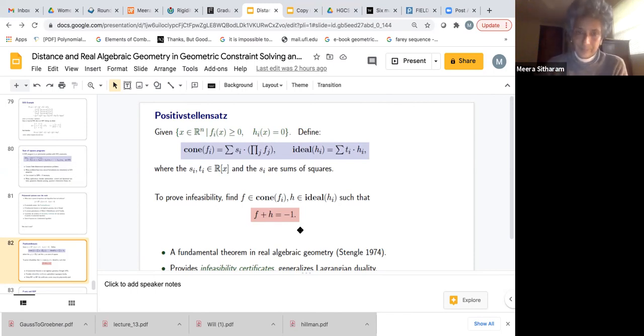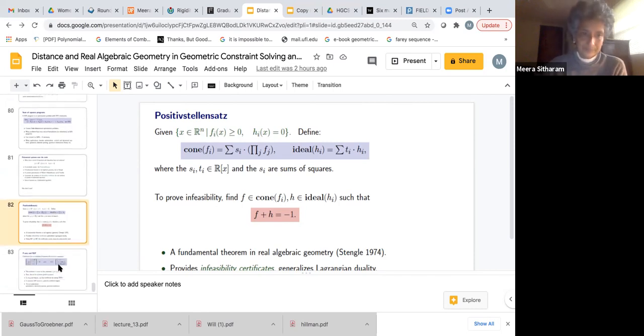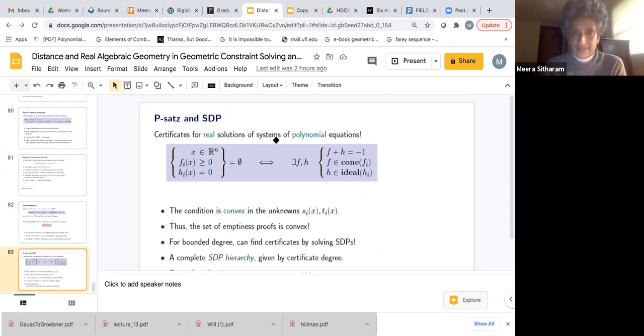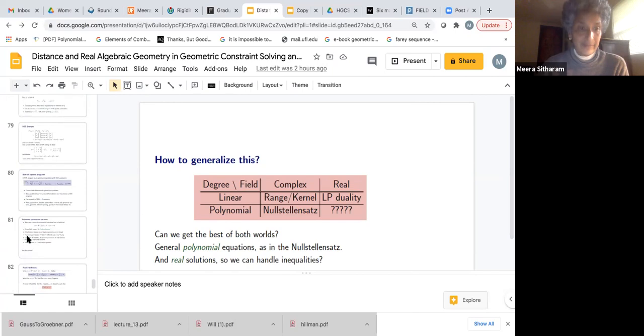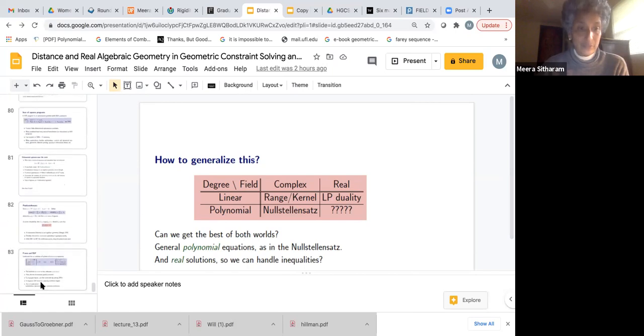So this allows us to get certificates, that duality that we had in the case of linear programming and in the case of algebraically closed fields. Answering the question of what we can do for polynomial real cases, whether there exists a solution, whether we have a similar duality, is what we have here.